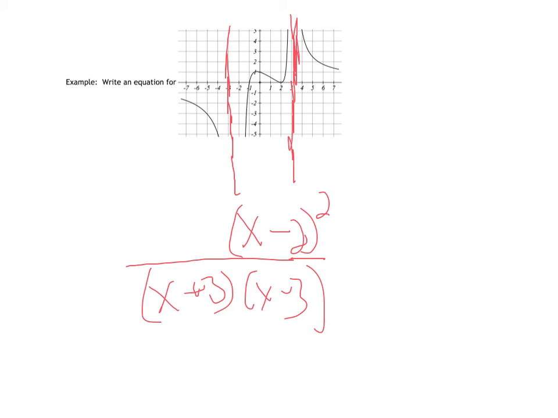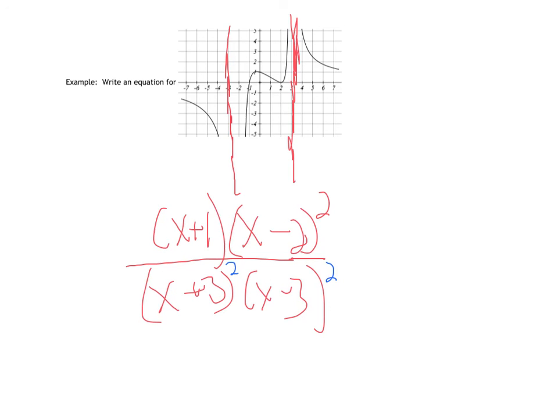I'm seeing a single root at x equals -1, so x plus 1. I'm also seeing that both of these vertical asymptotes are acting like the reciprocal squared functions. So if I square this and square this, I'll get that behavior.